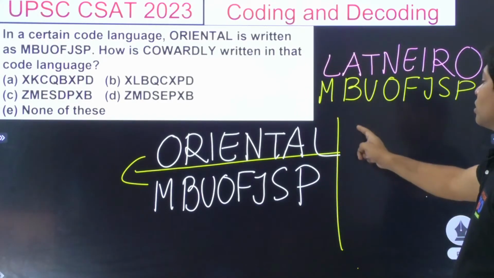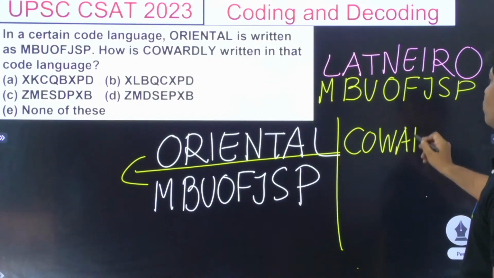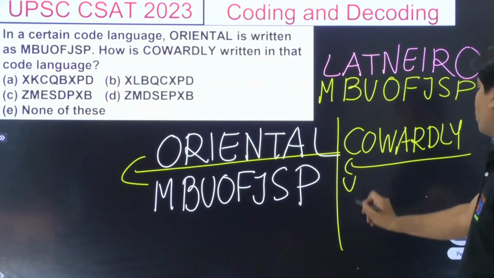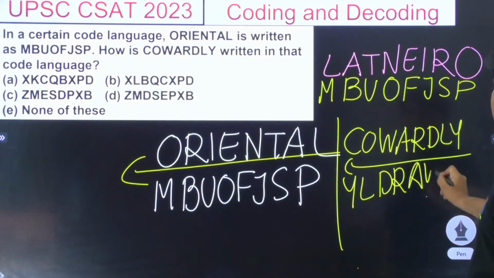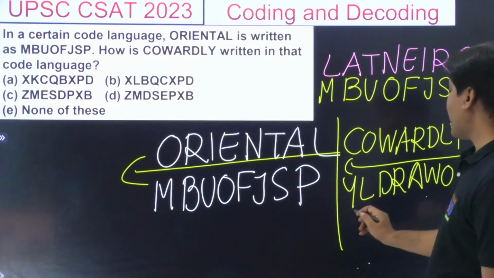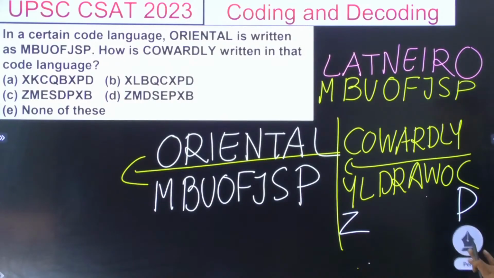So you have got cowardly. So reverse it. YLDRAWOC. And what should you be doing? Y and then Z. C and then D. Where is it?